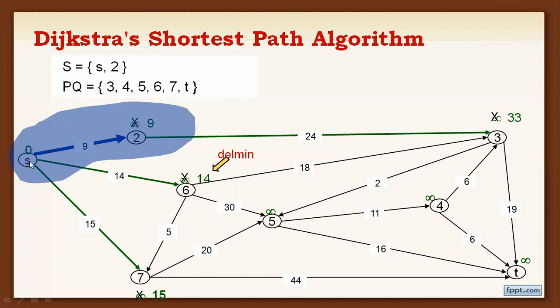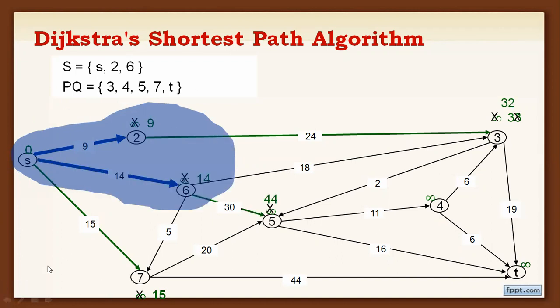If you want to move from vertex S to vertex 3 through intermediate vertex 6, the total cost is 14 plus 18. That is 32. The total cost is 32 here. Now, the total cost 32 replaces the existing 33 here.